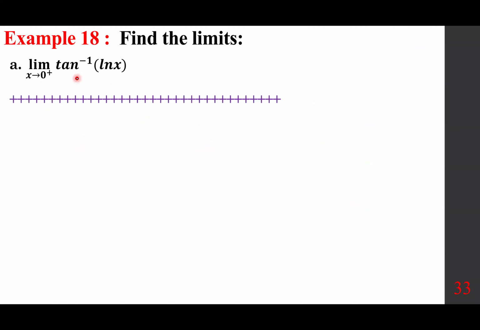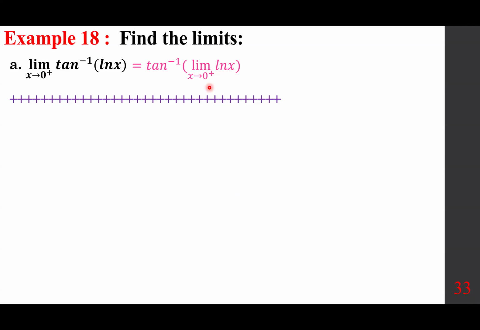What is the limit of tan inverse of ln x as x approaches 0 from the right? We're going to use the limit laws, and we are going to bring the tan inverse out because the limit pertains to x. So you're interested in tan inverse of this piece. So we're going to concentrate on that piece.